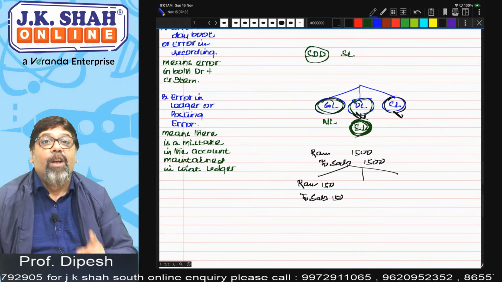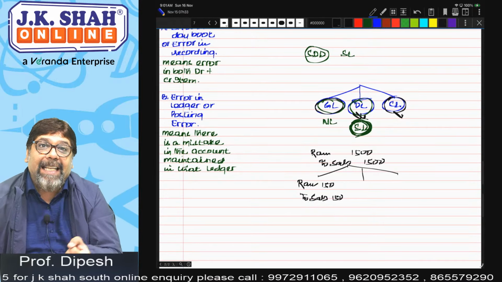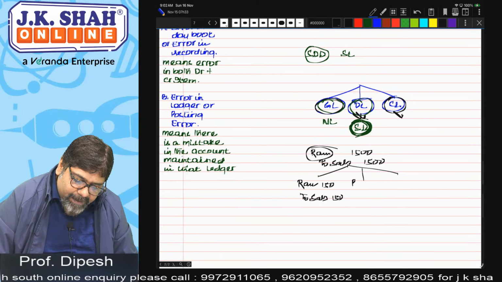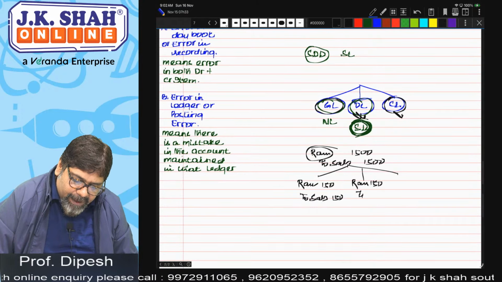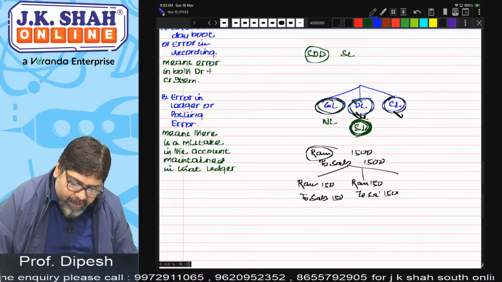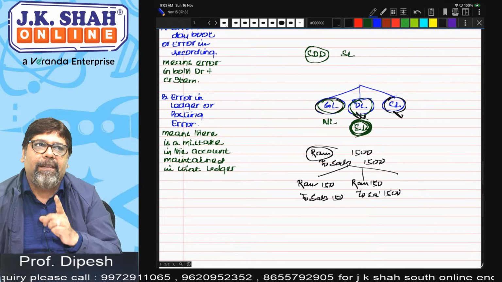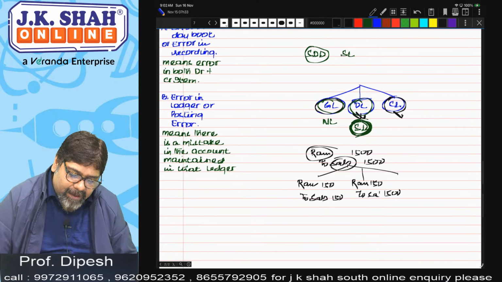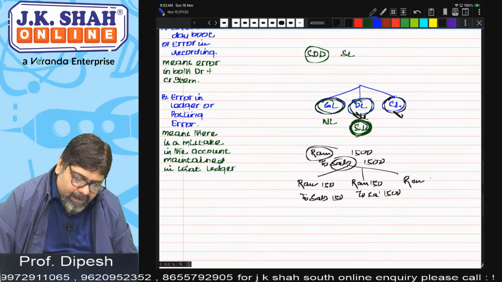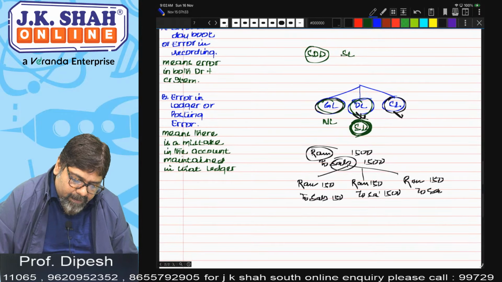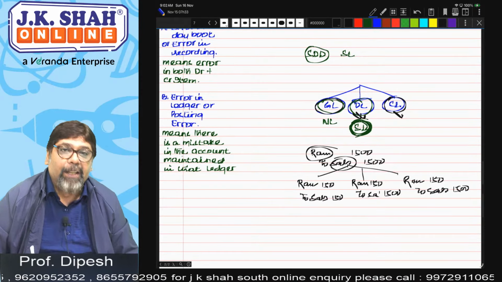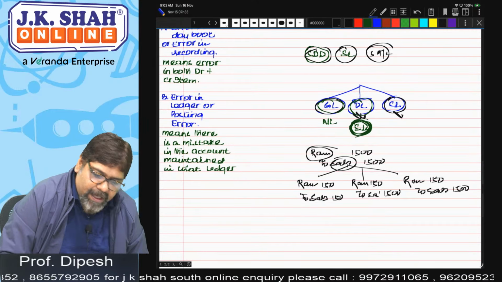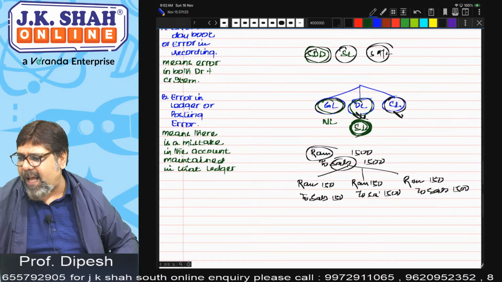But if I say wrongly recorded as 150 in sales ledger, means debtors account, means Ram, there is a mistake only in Ram 150 to sales 1,500. And if I say there is a mistake of recorded as 150 in sales account, the error is in that account only. So that means Ram, no error, to sales 1,500. So I hope you understood the difference between sales day book, sales ledger and sales account.